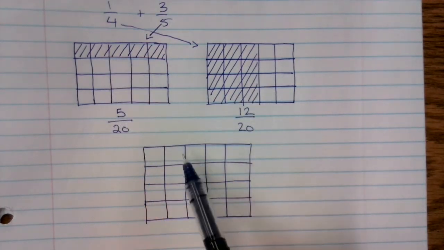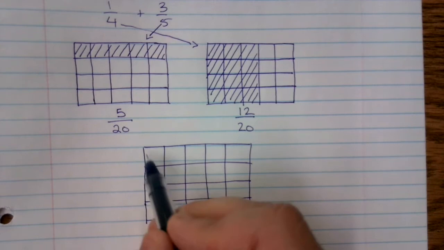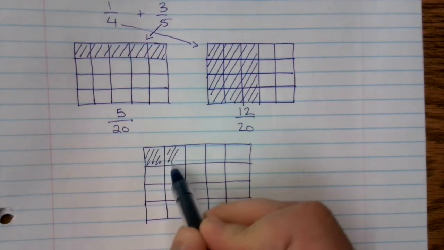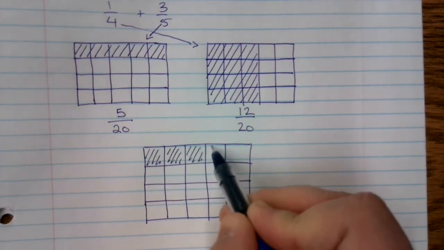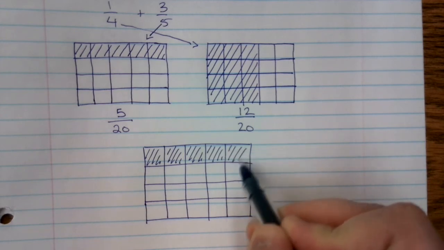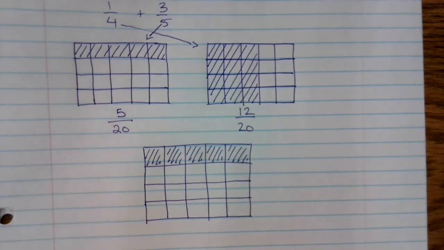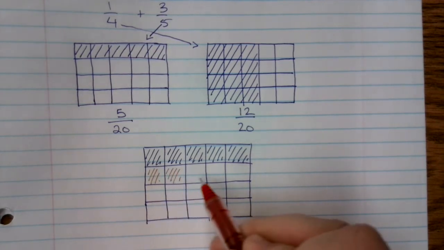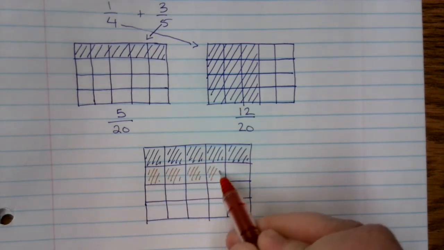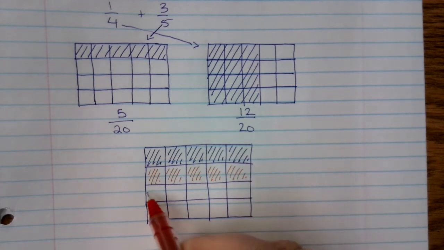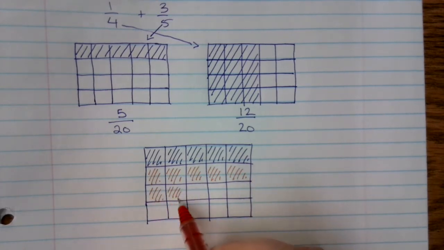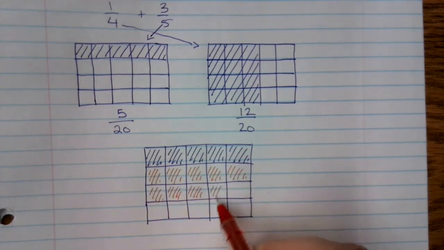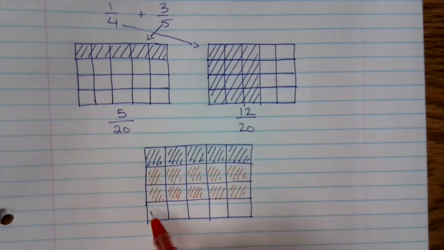I'm going to draw 5 in from here and 12 in from here. 1, 2, 3, 4, 5. And now my 12. 1, 2, 3, 4, 5, 6, 7, 8, 9, 10, 11, 12.